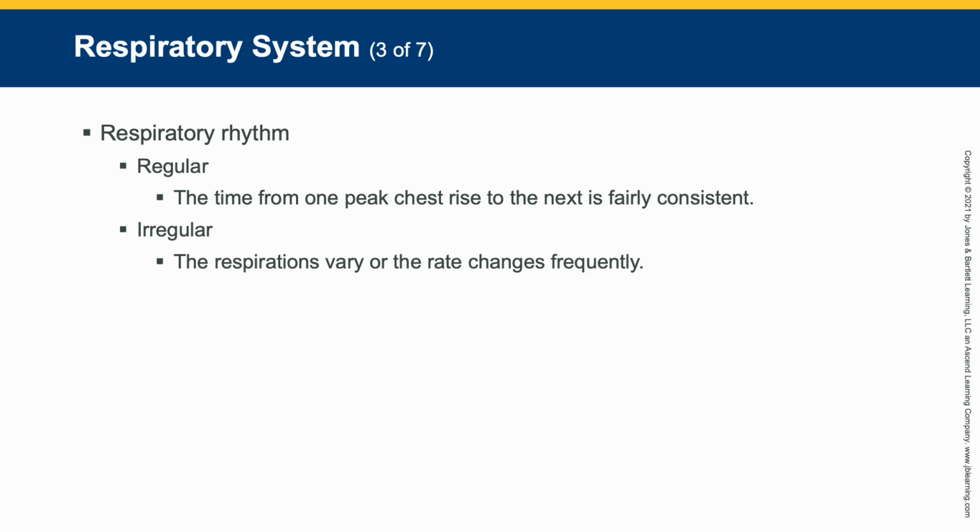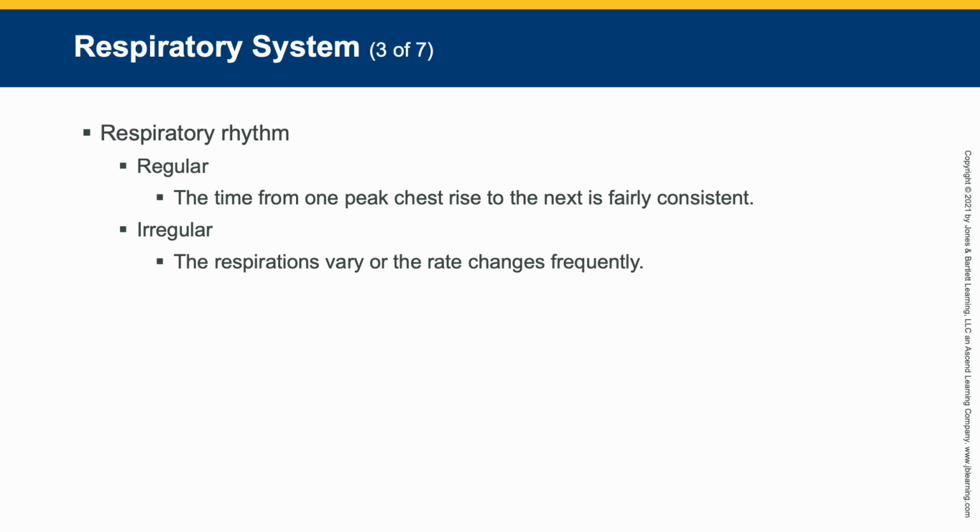Irregular rhythms can be signs of neurologic or metabolic issues, or they may indicate fatigue in patients who've been in distress for some time. In our pediatric patients, irregular respirations can also occur naturally during sleep or crying, so you have to use clinical context, especially before treating.